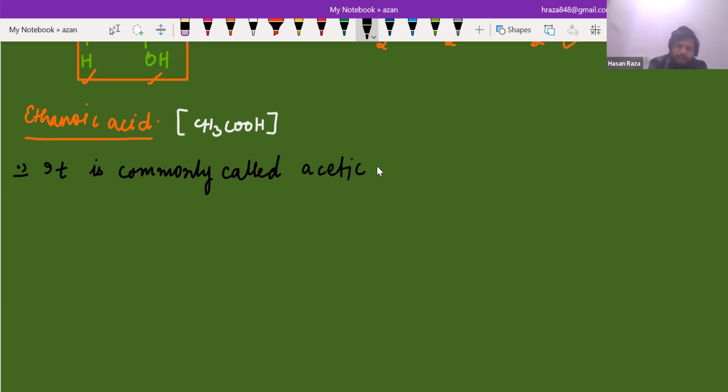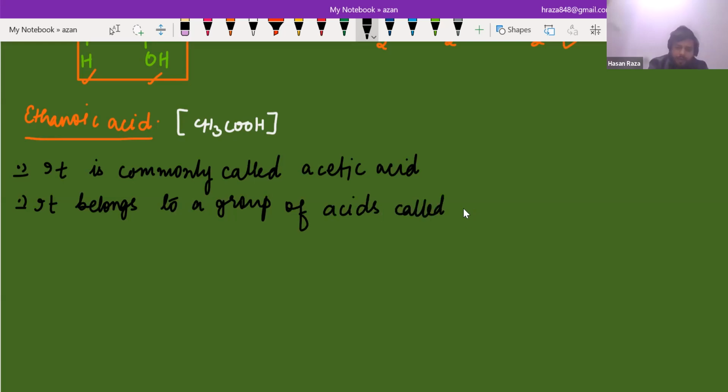Its common name is basically acetic acid. It belongs to a group of acids, and that group is called carboxylic acids.